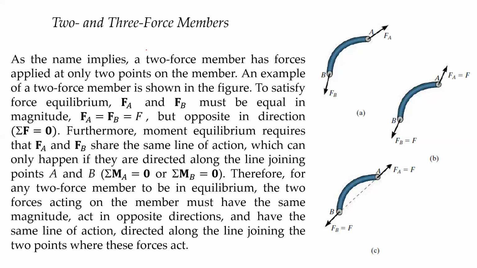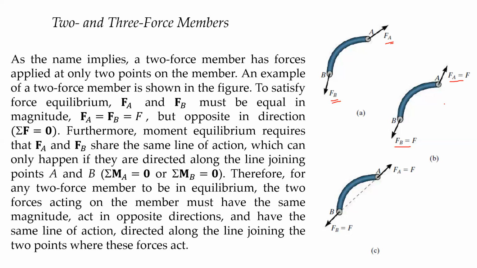Now, an example is shown. To satisfy force equilibrium, force F sub A and force F sub B must be equal in magnitude. So F sub B is equal to F, and F is equal to F sub A, so that they act in opposite directions, and if you sum their forces, it will be equal to zero.